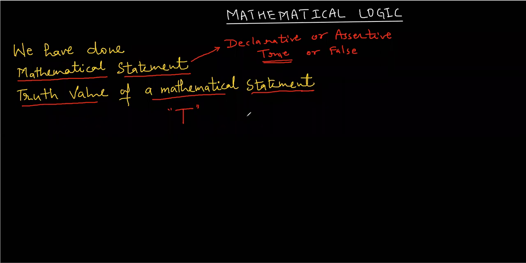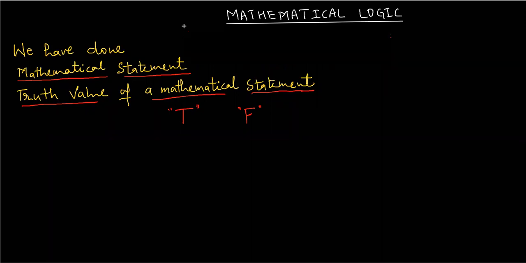If a mathematical statement is false, then we say that its truth value is false, that is F. So there are two truth values of a mathematical statement. Remember students, a mathematical statement is always declarative or assertive.